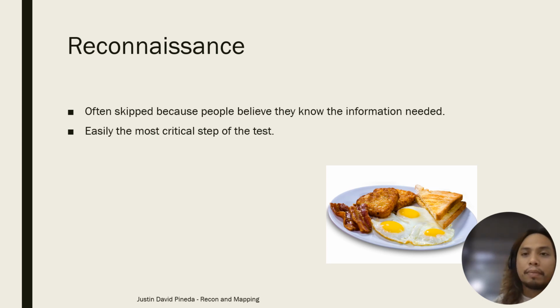This is important because we want to make sure that our time for the engagement is used wisely, and we'll be able to maximize all the activities because we have a plethora of tools, and we want to use the ones that are relevant to the engagement.